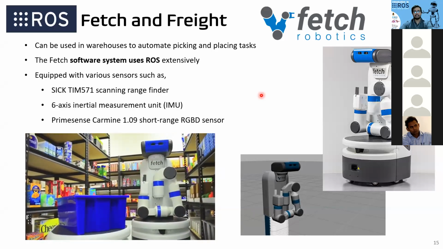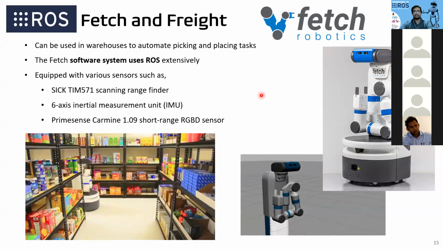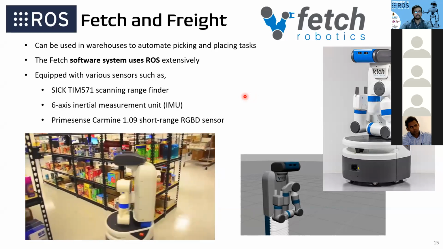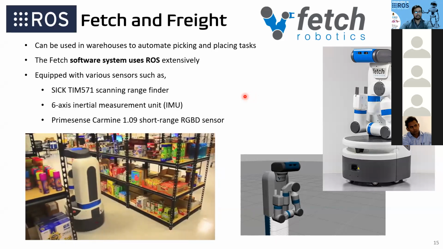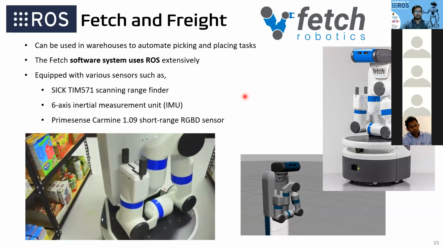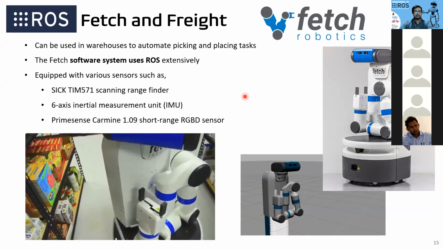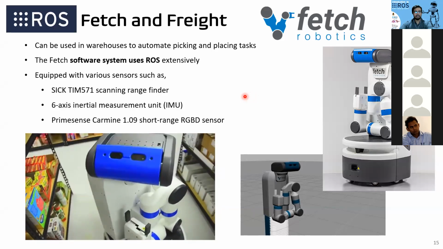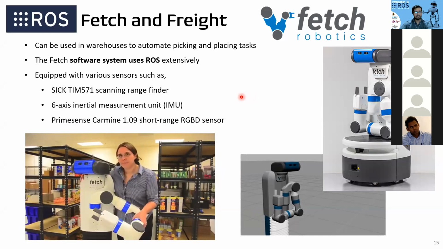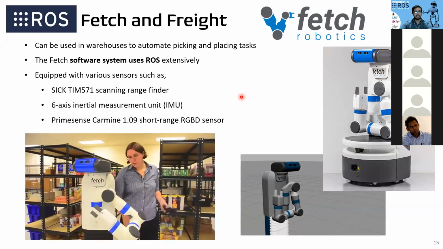It's another robot from Fetch Robotics and can be used in warehouses for automated pick and place tasks. So you can see here the robot is going to move towards the shelf, and it's going to use that robot arm. Yeah, we'll soon see that it can do some pick and place tasks.